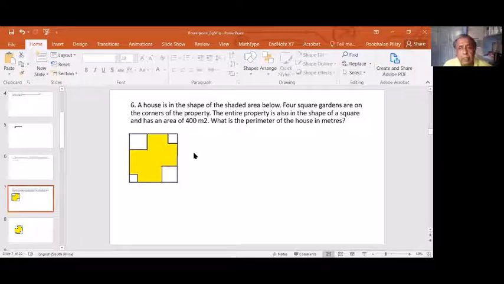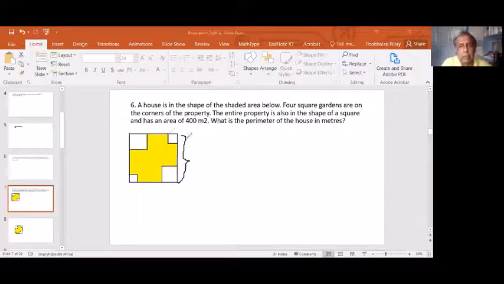Now, if the area is 400 square meters, then the area of a square is side times side. So we can make use of the information to get a side here. This number multiplied by itself gives you 400. That's the area. The area is a side multiplied by itself.